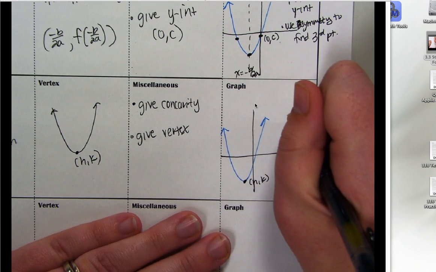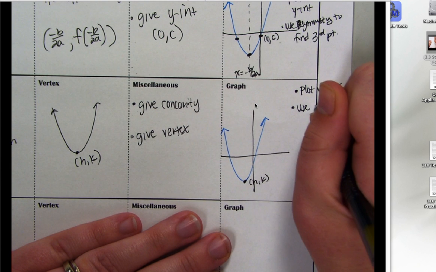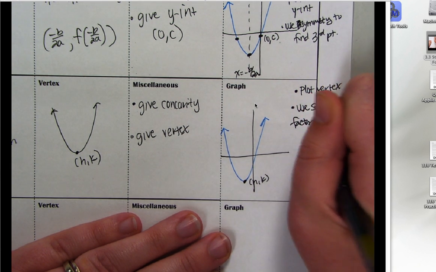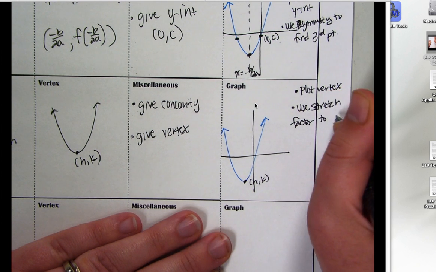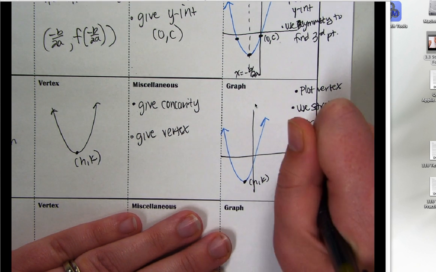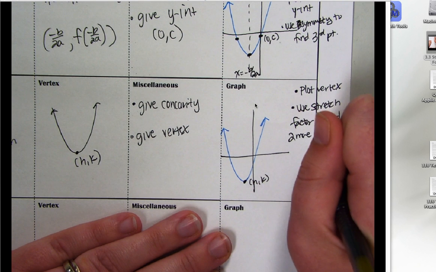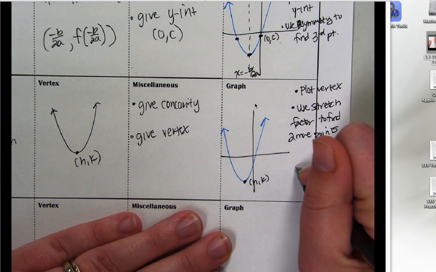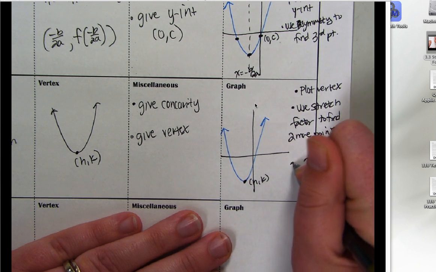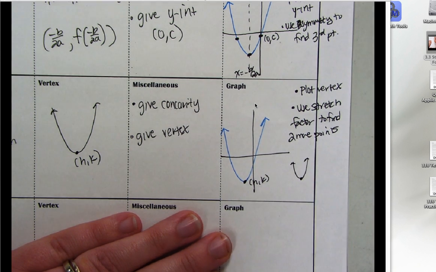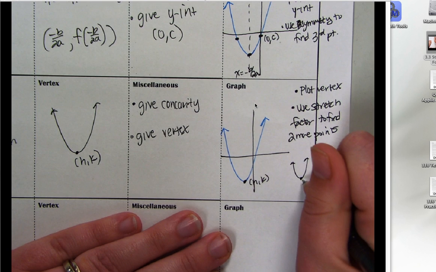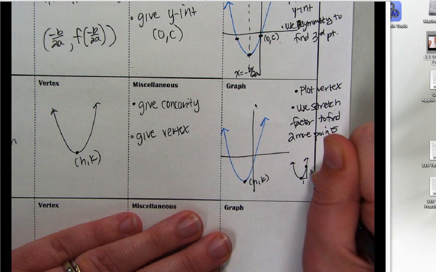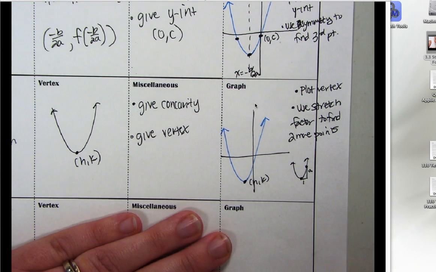And then from here we want to use the stretch factor to find 2 more points. We talked about this earlier this week, but from that vertex, no matter where that vertex is located, if you go right by 1, how much you go up is that a value.